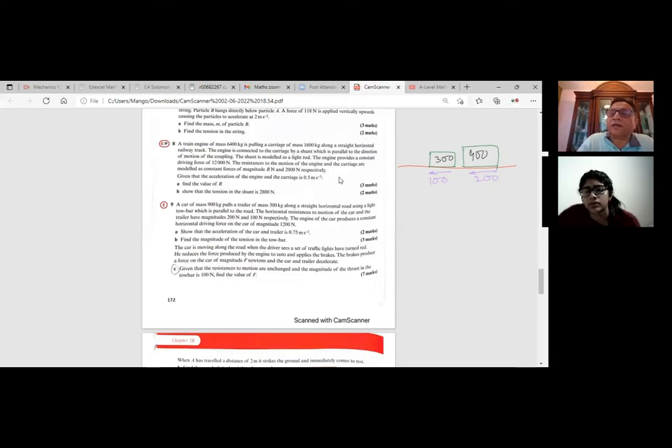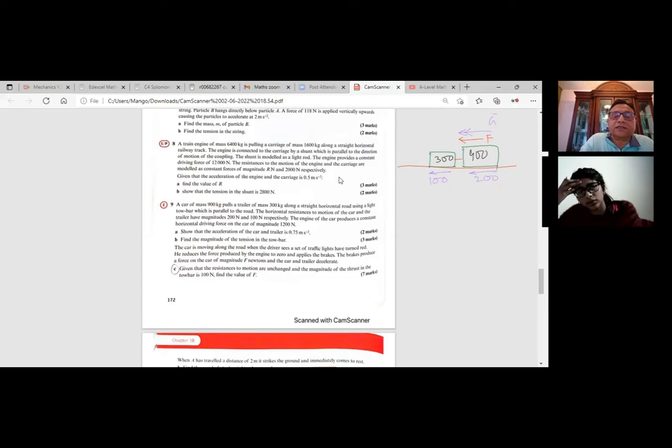So deceleration. So a is negative, right? That means it's acting in this direction. The brakes produce a force on the car of magnitude F, and this produces an additional force of F on the system which is connected. The brakes produce a force on the car of magnitude F newtons, and the car and the trailer decelerate.